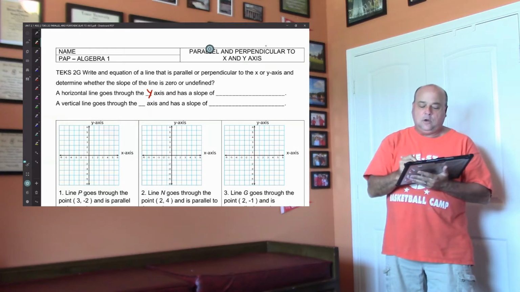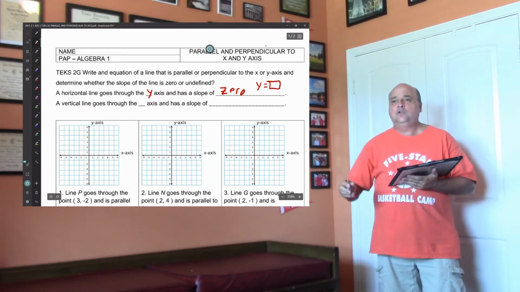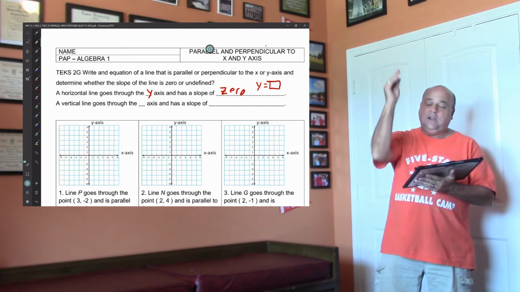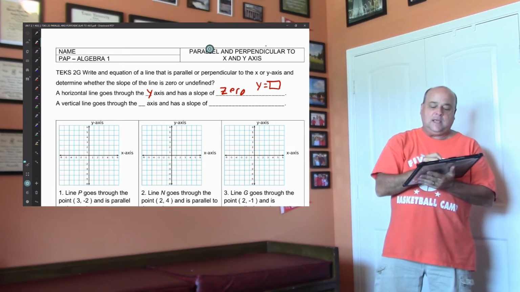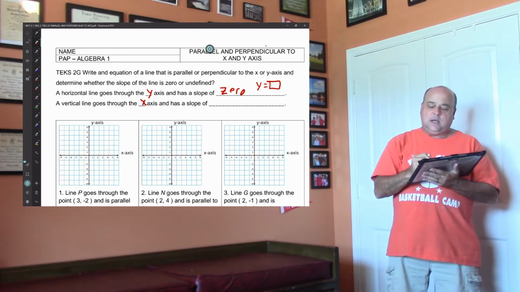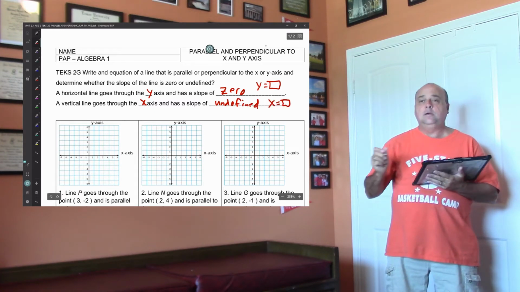It has a slope of 0. And that's going to be a y equals something line. So if it's y equals something, it has a slope of 0. If it's vertical, it's going to go through the x-axis. And if it goes straight up and down, it will have an undefined slope. And it's going to be x equals something.